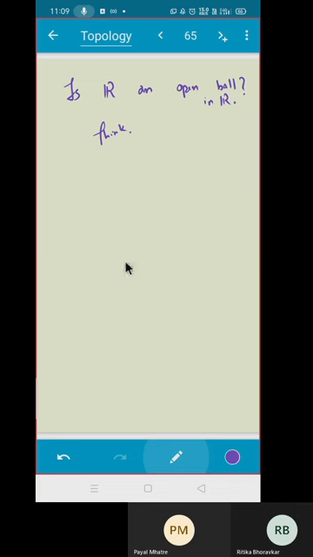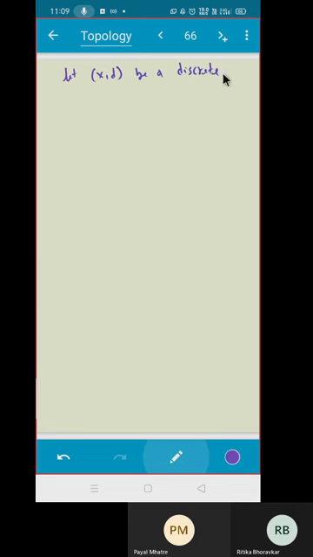Shall we go ahead? Yes, sir. Let us try to see some more things. Let (X, d) be a discrete metric space. You know what a discrete metric space is, correct? Payal, what is a discrete metric space? Payal, can you hear me?